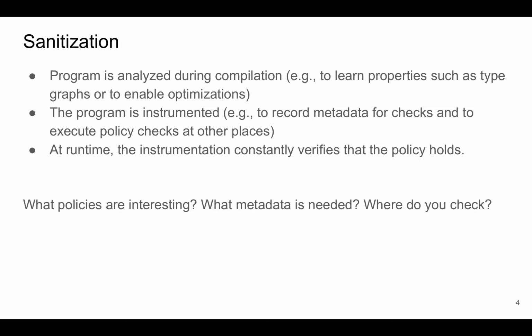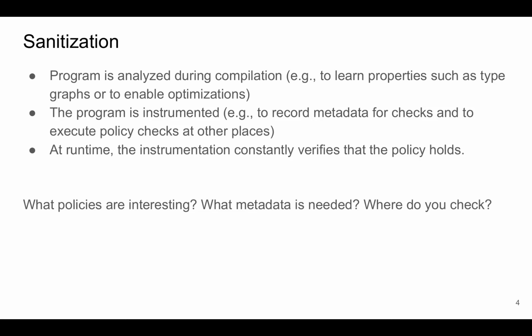In addition to the checks that are being inserted, the sanitizer also inserts additional code to record information about, for example, live objects. So for address sanitizer, it would record where in memory the different objects are, what the size of the objects are, and so on.